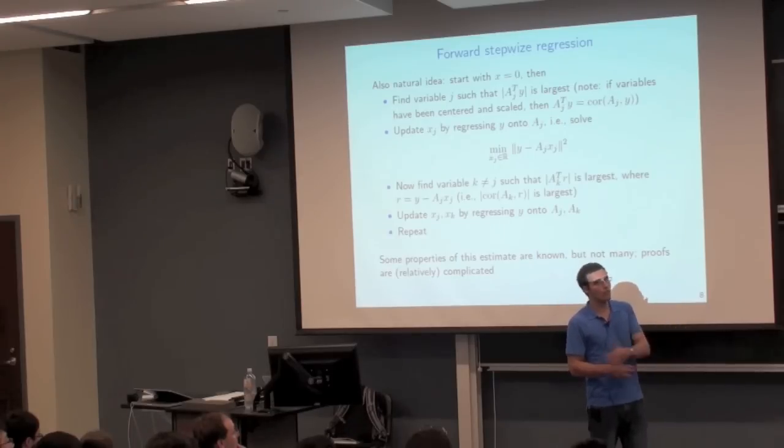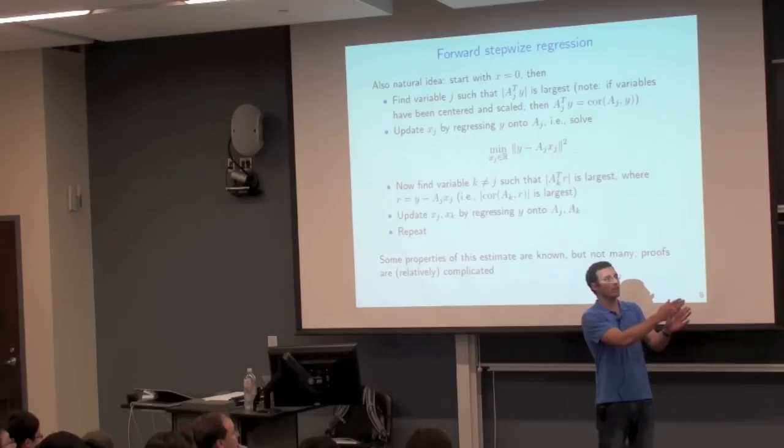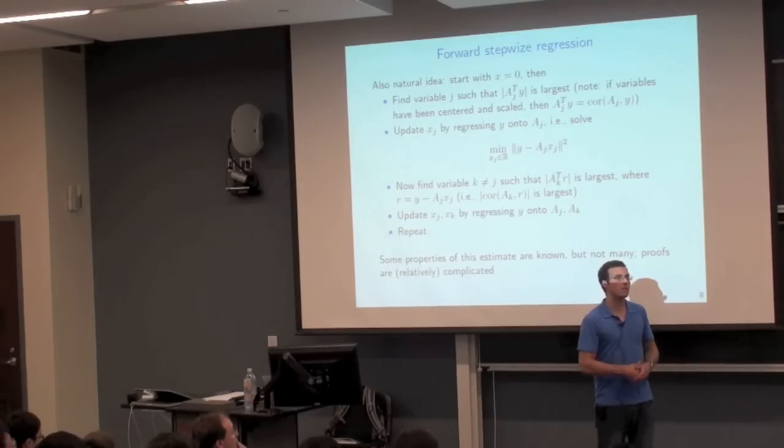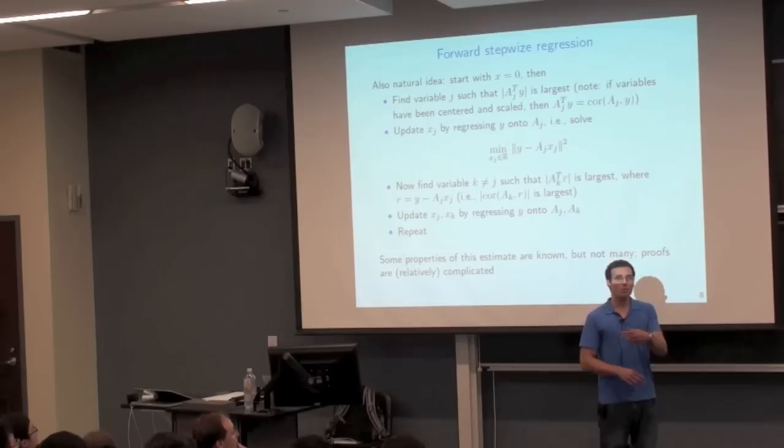So if I think about all the variables as having mean 0 and sample variance 1, then that's choosing the variable that has the highest absolute correlation with the response. Right, so I want to pick the variable that's the most correlated with the response. That makes sense. It seems like it's probably the best variable to pick. So we pick that, and then we throw it in the model.